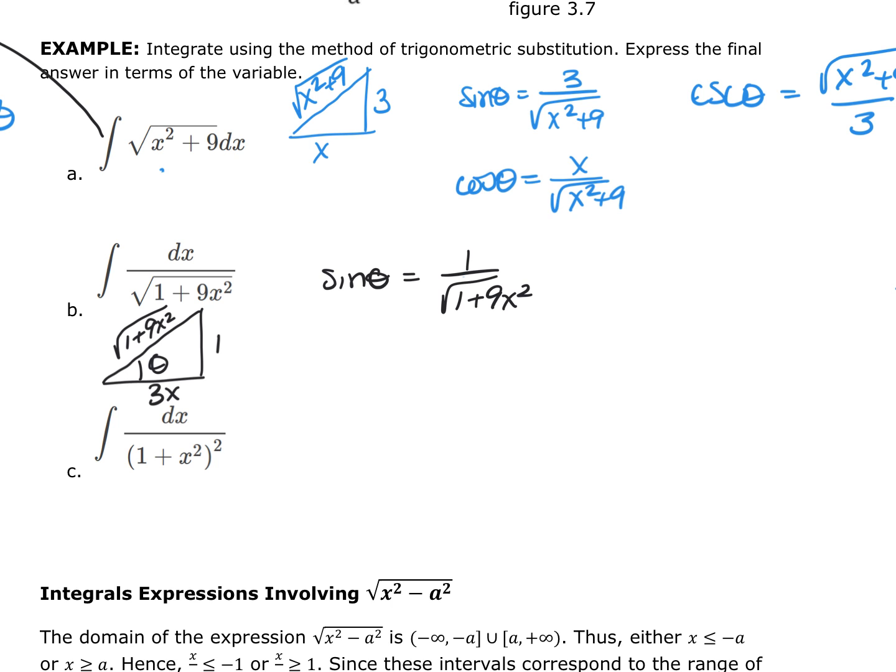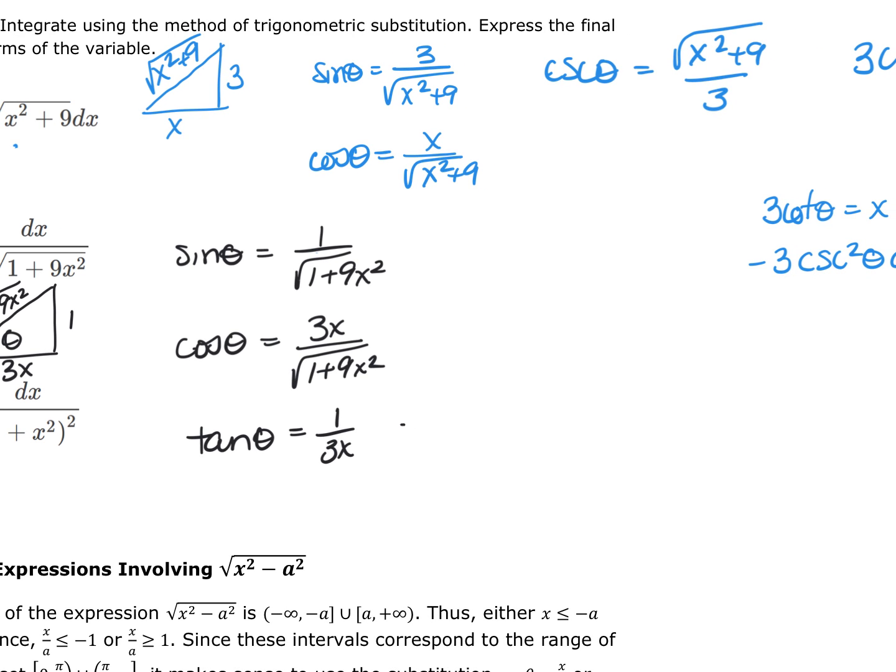Probably not going to use that one when I do derivative replacements. I know that the cosine of theta is going to be 3x over the square root of 1 plus 9x squared. Probably not going to use that one. And then I have the tangent. Now the tangent is going to be 1 over 3x. So as before, I'm probably not going to use tangent.